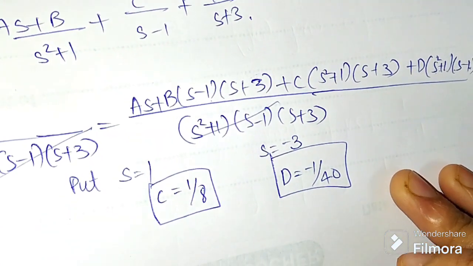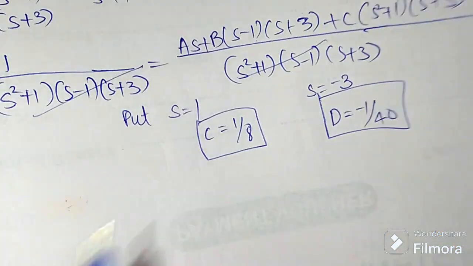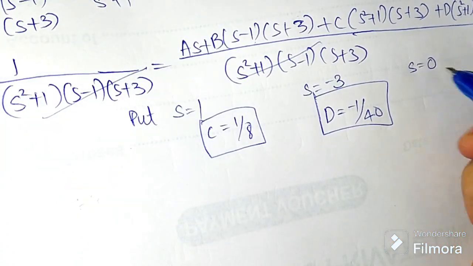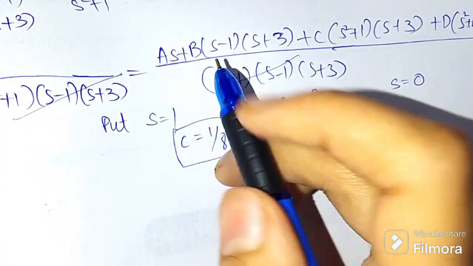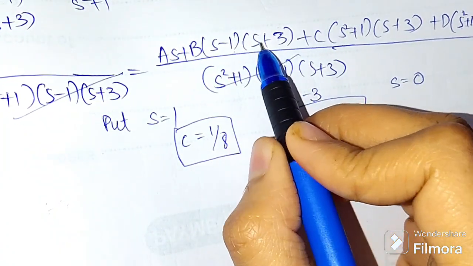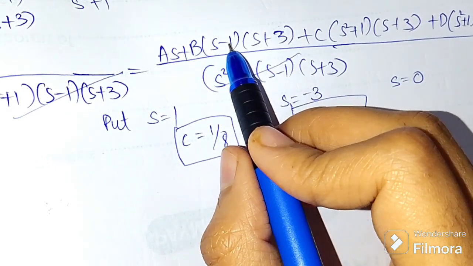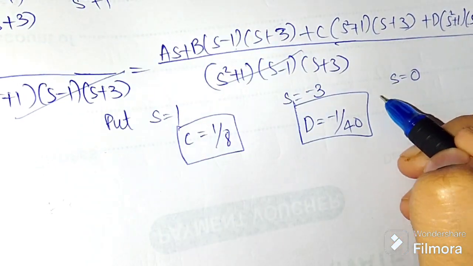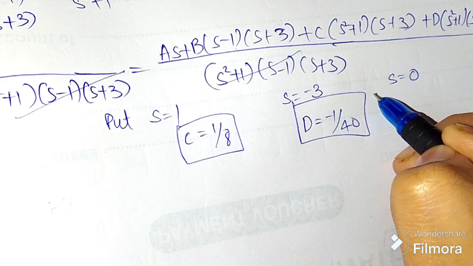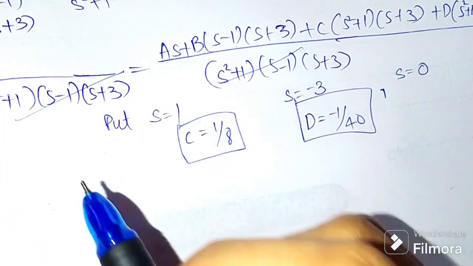See how easy we're getting if you put values of s. So next I'll put s is 0. Then my a will be gone. Minus 1 plus 3, so minus 3b. This side also 1 will be there.